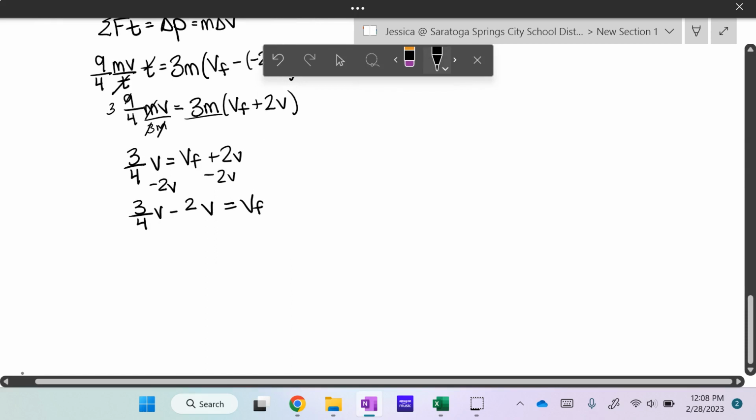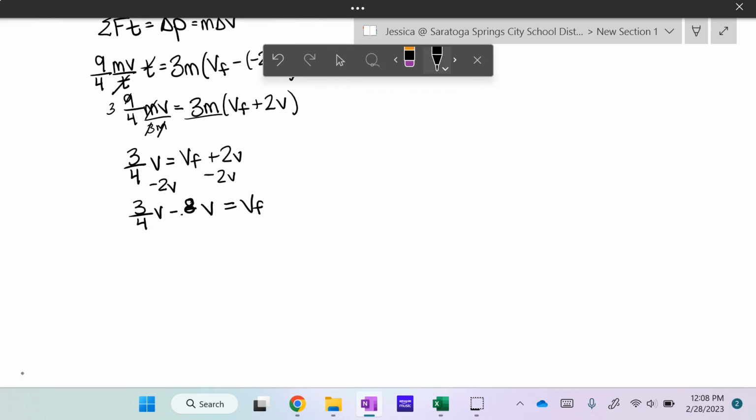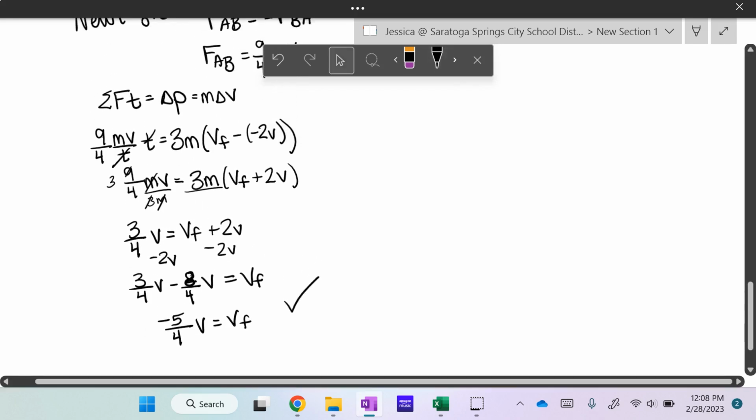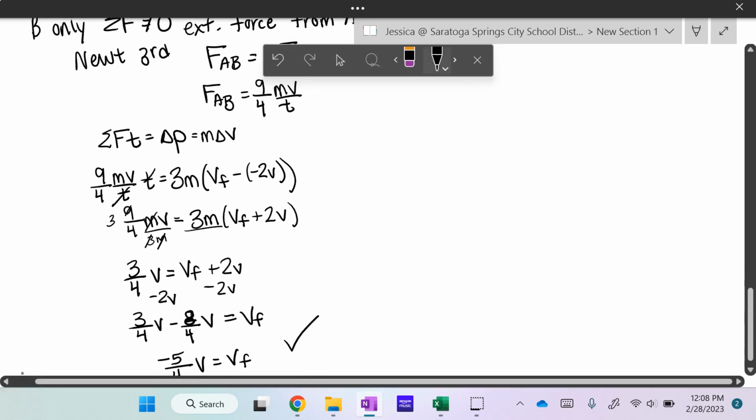So my common denominator is going to be 4. So I've got to multiply 2 by 4/4. So that gives me 8/4. 3 minus 8 is negative 5/4 v final, which is what I would expect. Hooray!